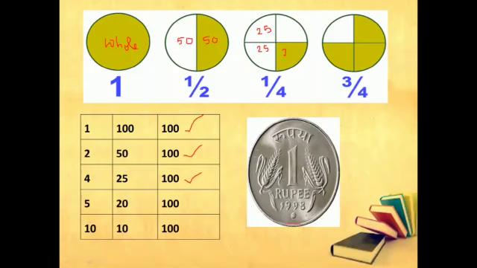So it is 1/4. 25 by 100 is 1/4. 3/4 is 75. If you take it as 3/4, these 3 are 25, 25, 25. That means 75 by 100. That means if you know the paise denominations of 1 rupee, then you can easily solve percentage sums.